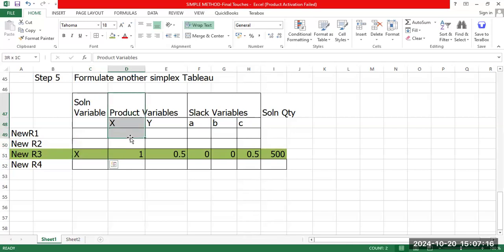So you see, this is where you have a pivot element, and that pivot element is on column X. So here you are going to put X. If the pivot element was here, we would put Y here. Okay, I hope you have understood why I'm putting X here.